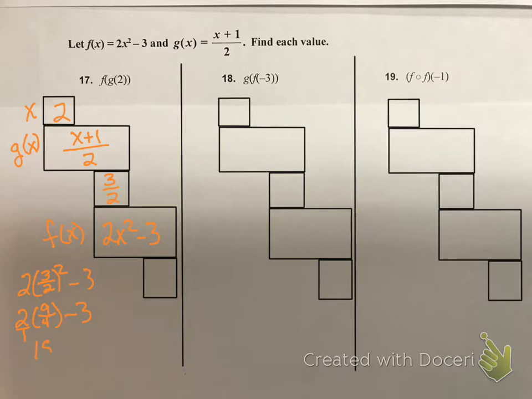I plug 3/2 in for x, so 3/2 squared. I multiply 3/2 times 3/2, that gives me 9 over 4. I multiply 9 over 4 by 2, that gives me 18 over 4, minus 3. 18 over 4 is the same as 4.5. I subtract my 3 and I get 1.5.